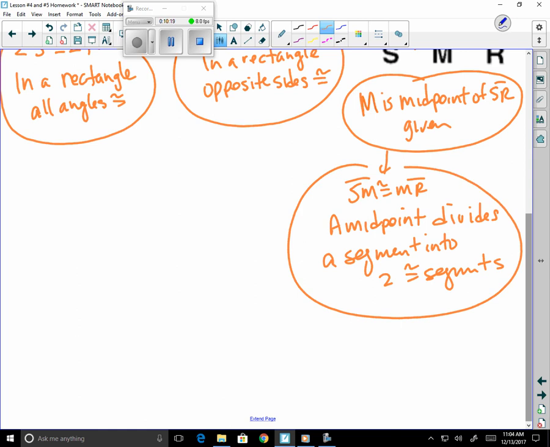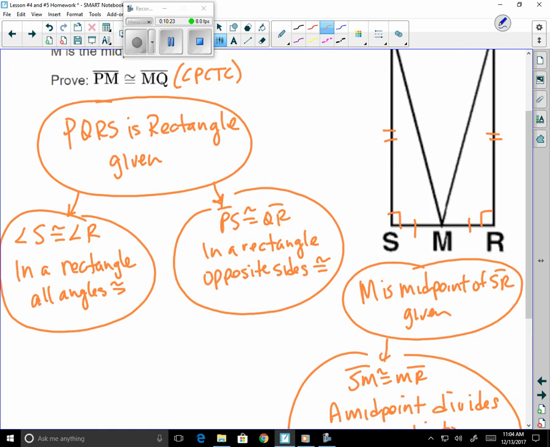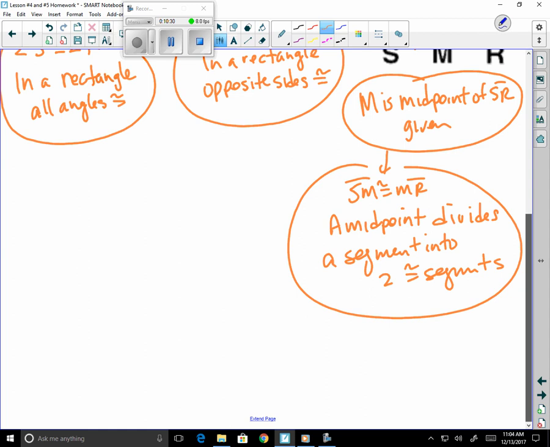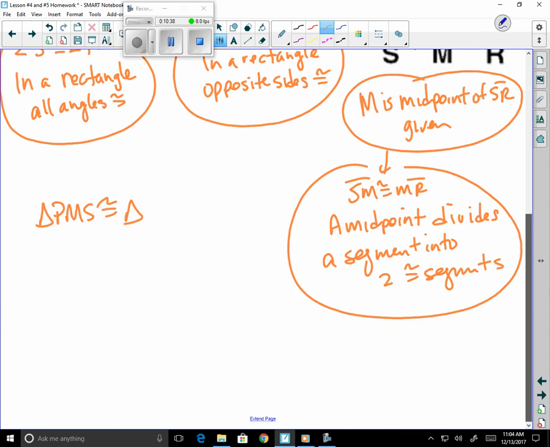So now that I've done all of that, if I look at my picture, I see side, angle, side right in my picture. So I could say that those two triangles are congruent. So I have triangle PMS is congruent to triangle QMR by side, angle, side.